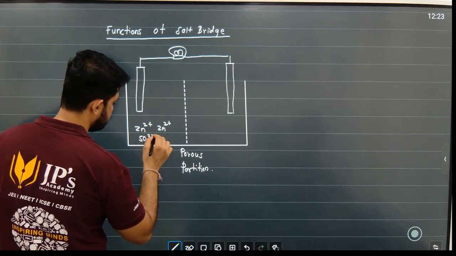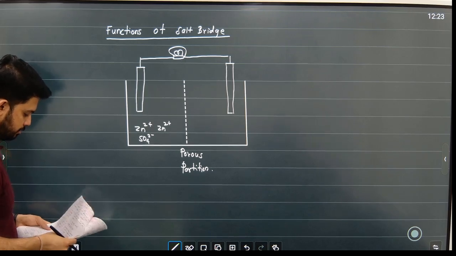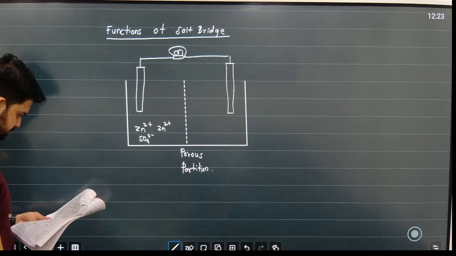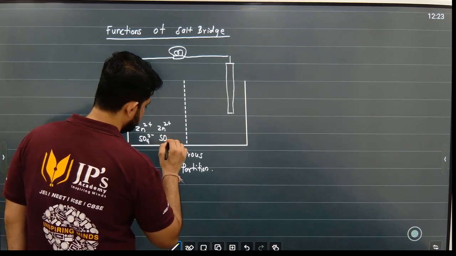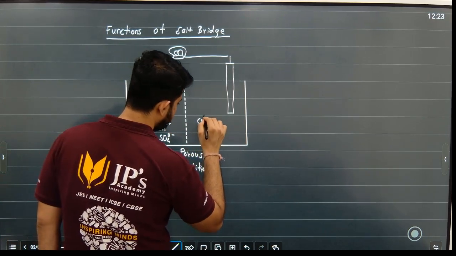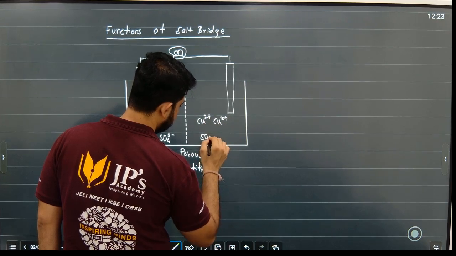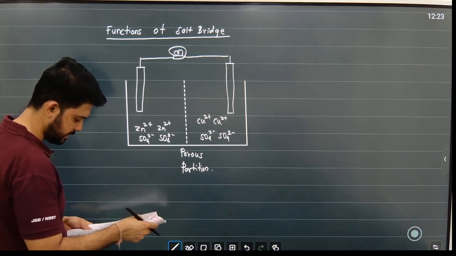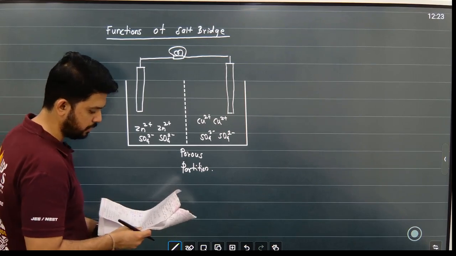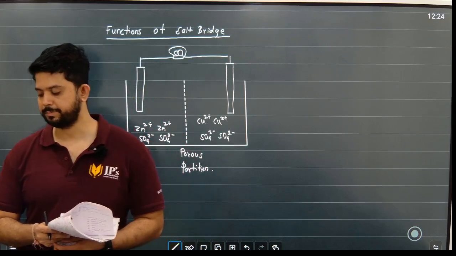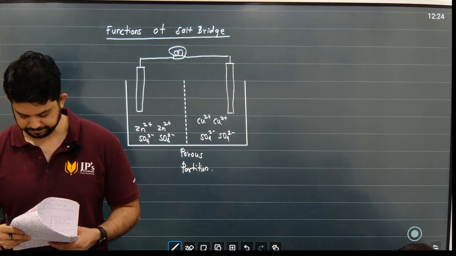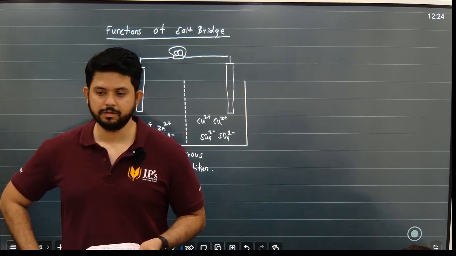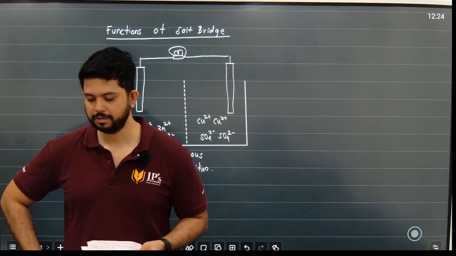Next point. Both cation and anion of the salt should have comparable ionic mobility. Note, preferably use a red pen.